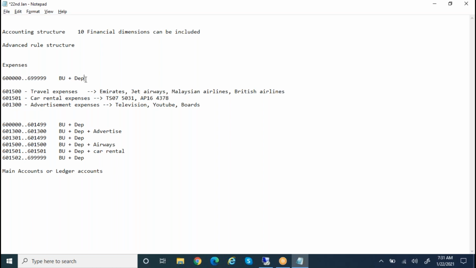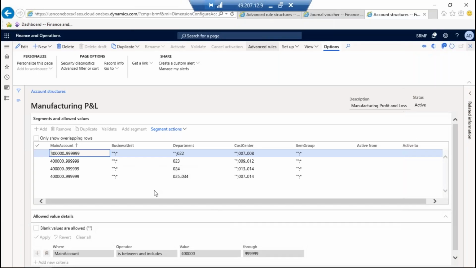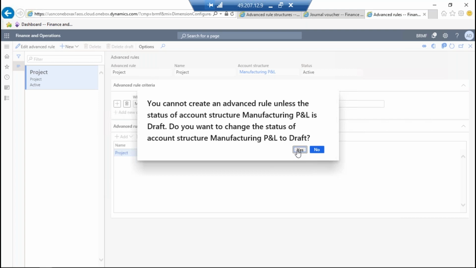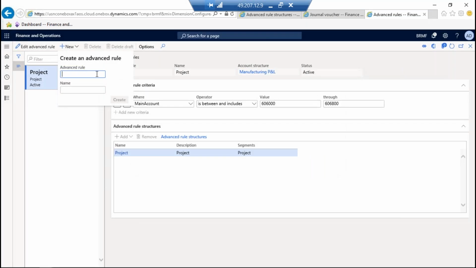So you created one travel advanced rule structure now, I think. Yeah. Very well. Have you tagged to any account now? No, see, in the advanced rule structure, I need to add that one. So I need to create vehicle.